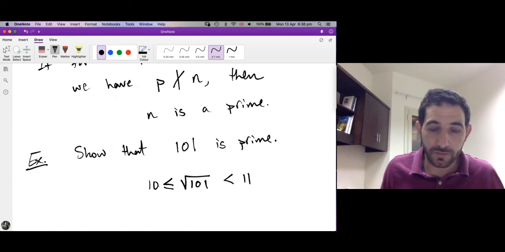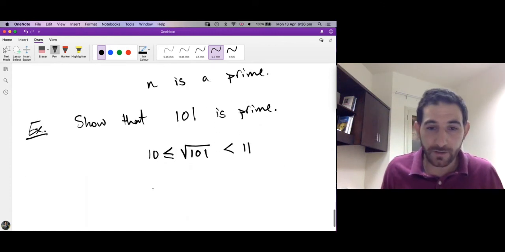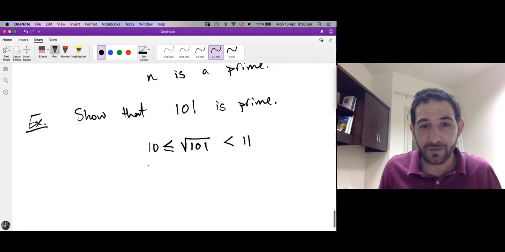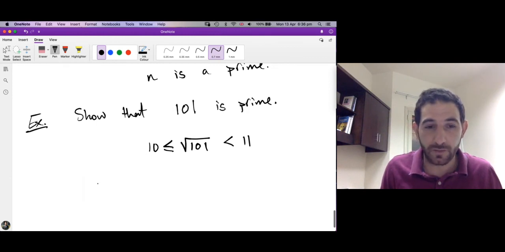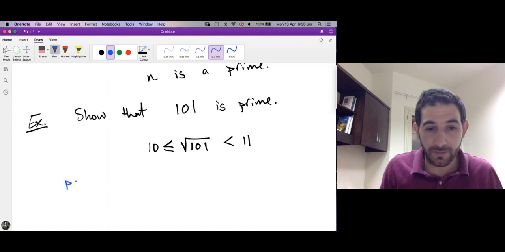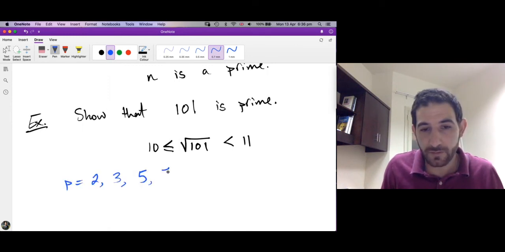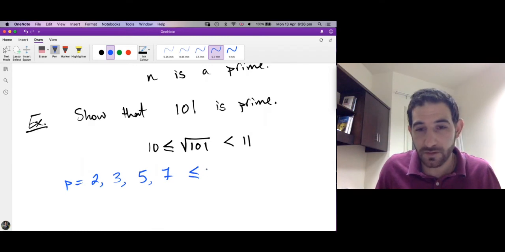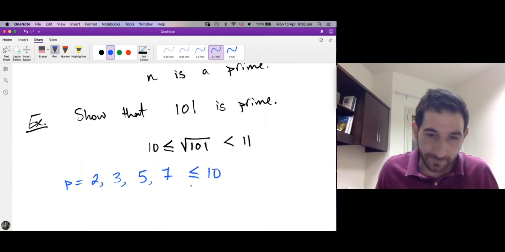So all we want to check is the primes between 2 and 10. What are the primes? So let p be 2 or 3 or 5 or 7. These are the only primes which are less than or equal to the square root of 101, which is 10.